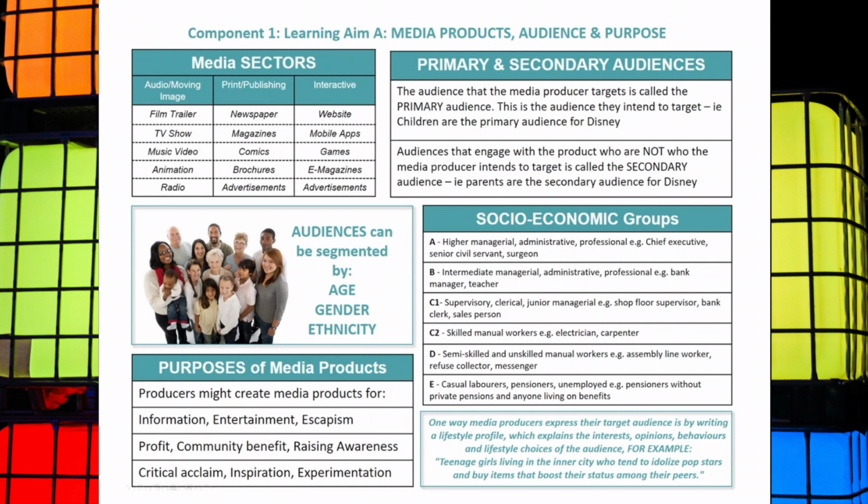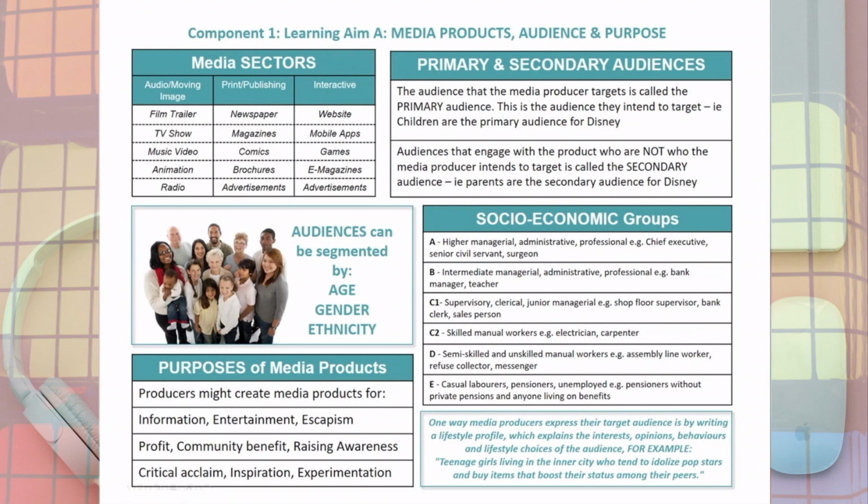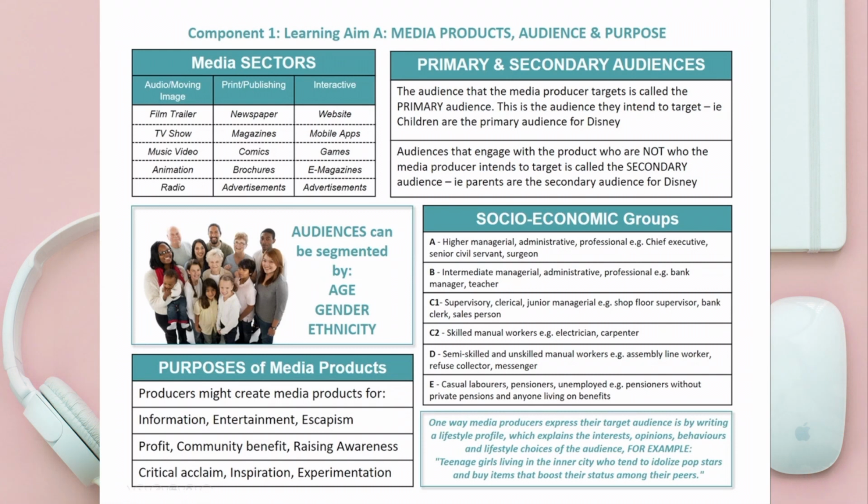Having looked at those different sectors and built our ability to recognize and distinguish between them, we then start to look at audience. We look at how we categorize those audiences, how those audiences are affected, and the behaviors that they exhibit. This feeds into purpose, why media products are created.